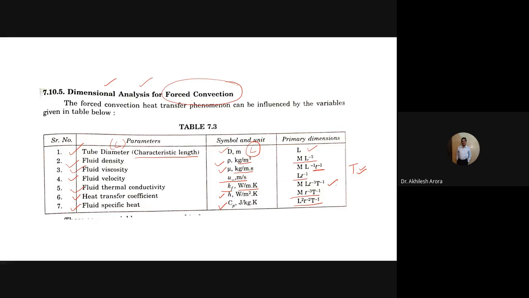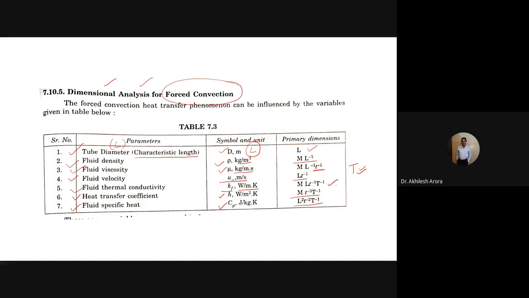If we have a lesser number of parameters, then we can use Rayleigh's method for relating the various parameters. But here the number of parameters is more than 3 or 4, so we can't use Rayleigh's method of dimensional analysis.